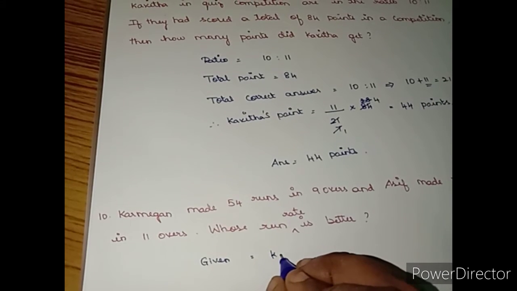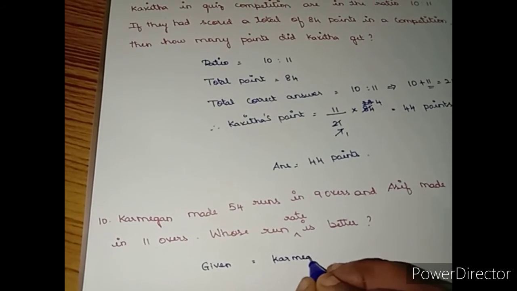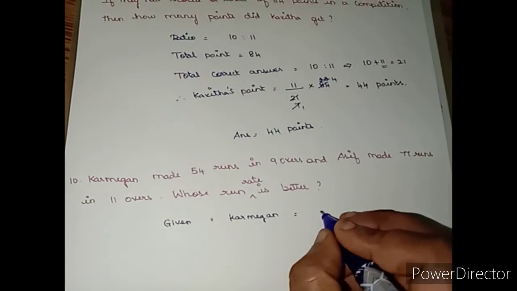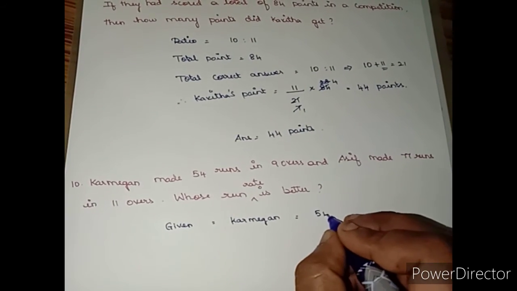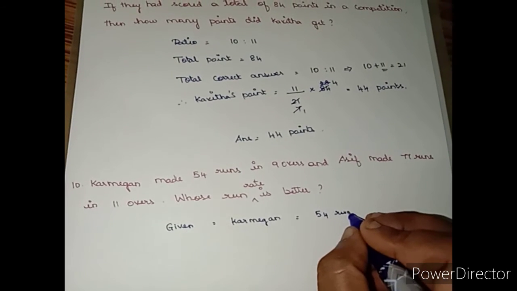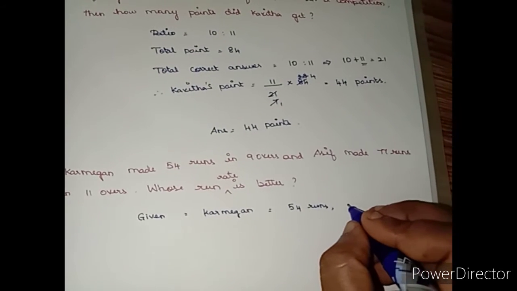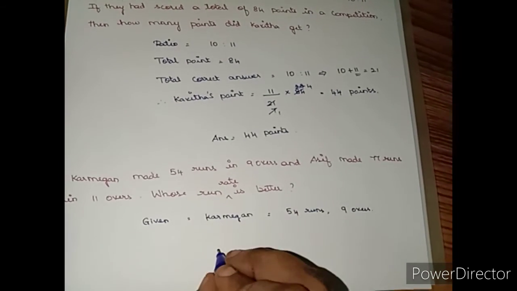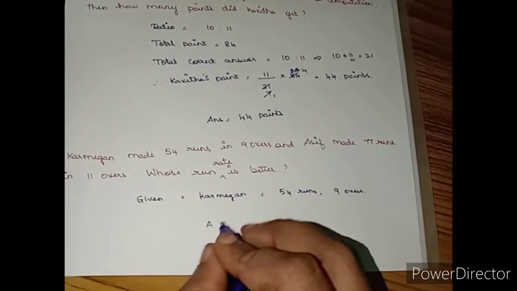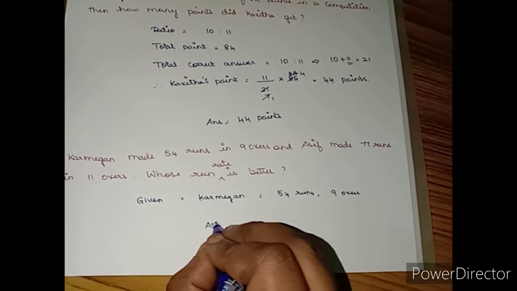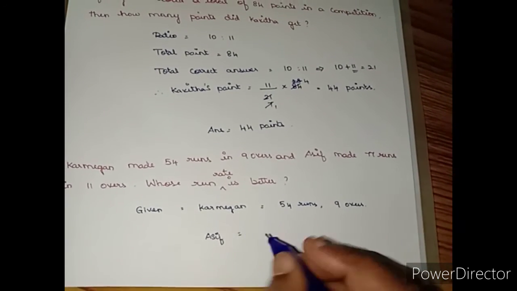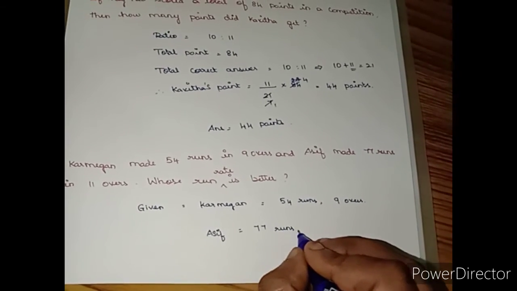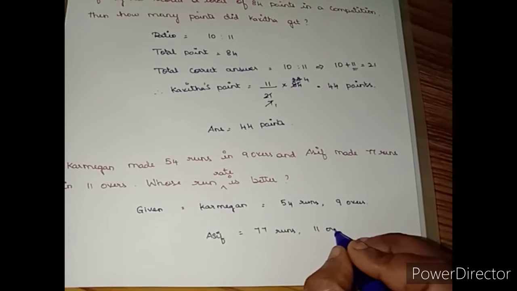So Carmegam scored 54 runs in 9 overs. Then Asif scored 77 runs in 11 overs.